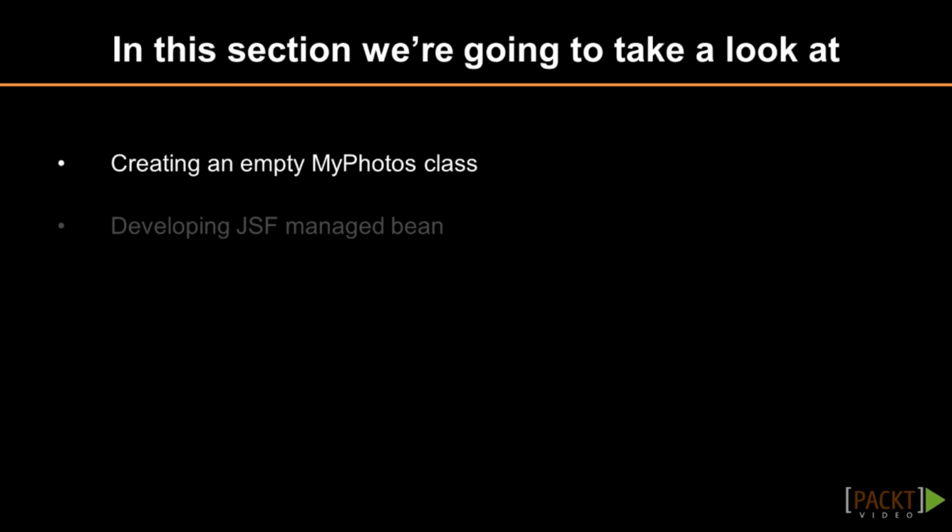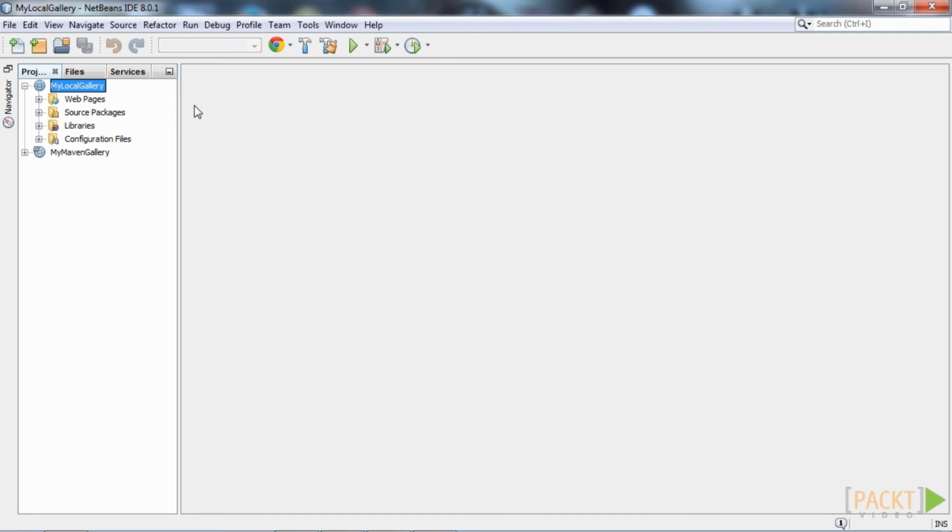Each photo will be an instance of this class. Further, we will develop a Java Server Faces bean, which will be responsible to provide a list of the available photos and to deal with the upload of new photos.